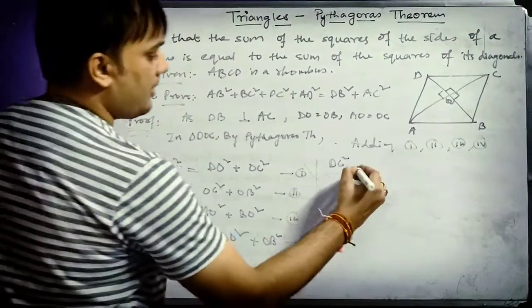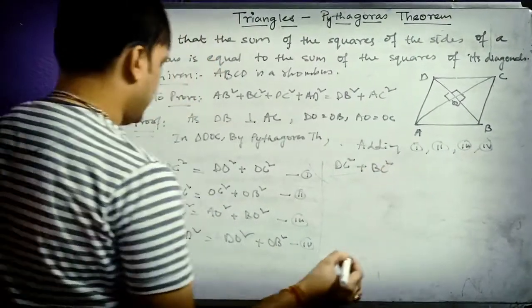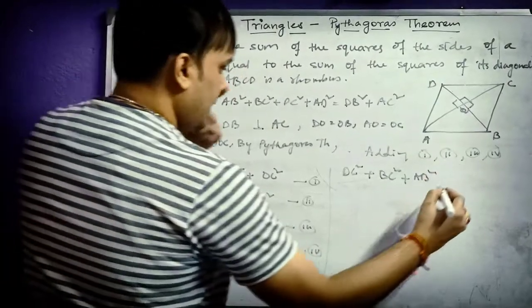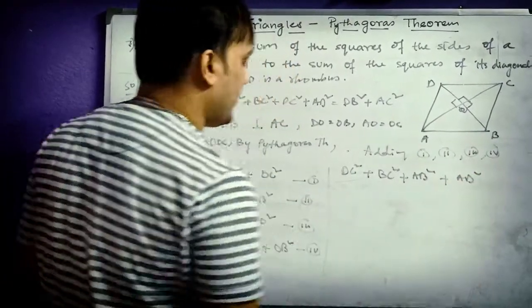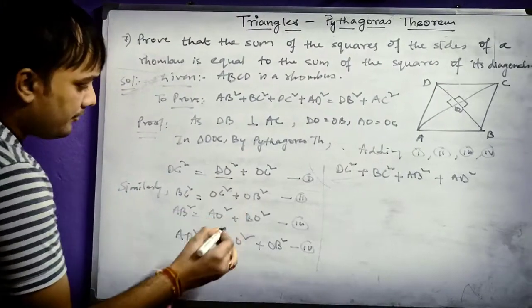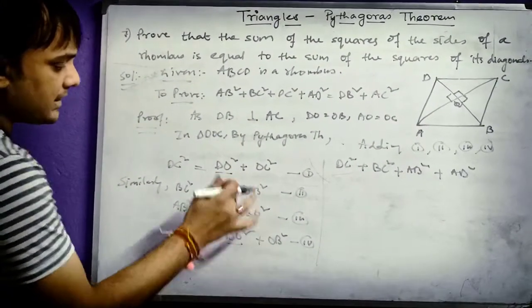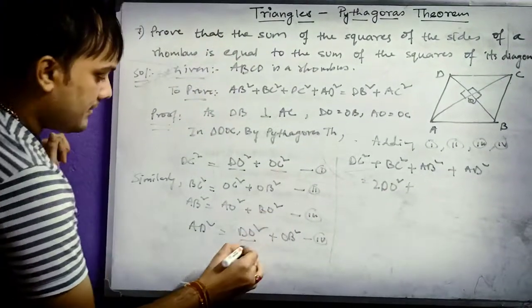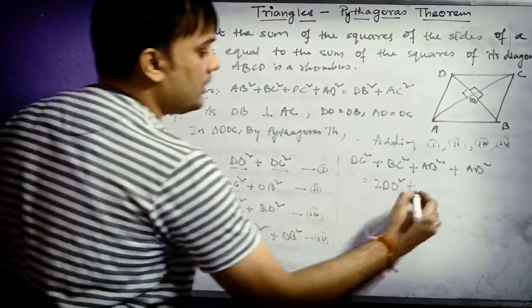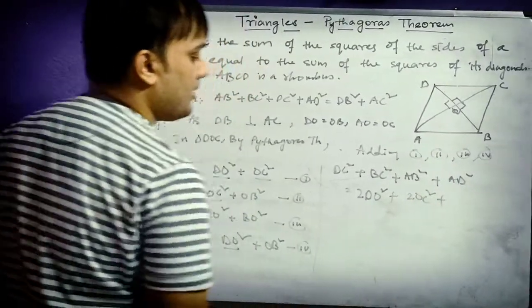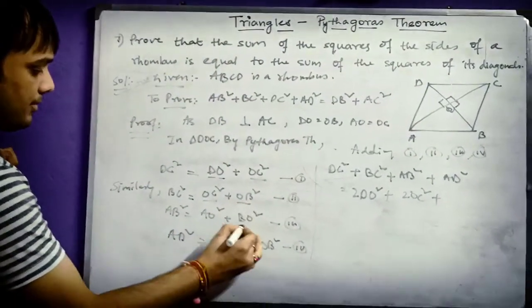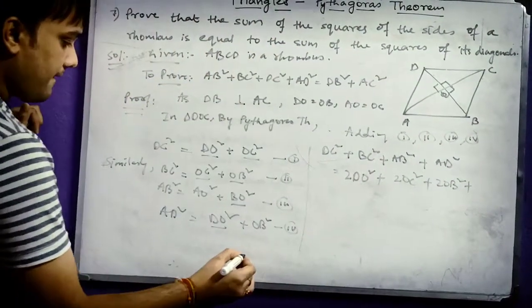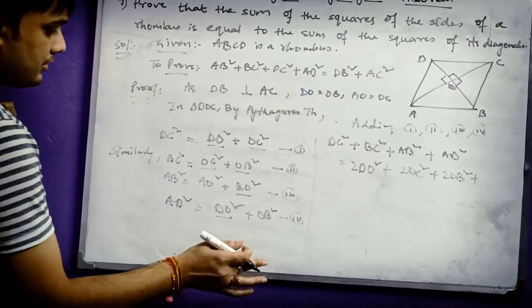You get DC square plus BC square plus AB square plus AD square. Now you just see here, 2 DO squares are there. So I can write it as 2 DO square plus 2 OC square plus 2 OB square, and the last one.